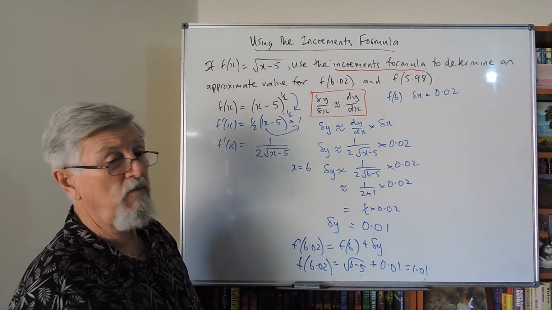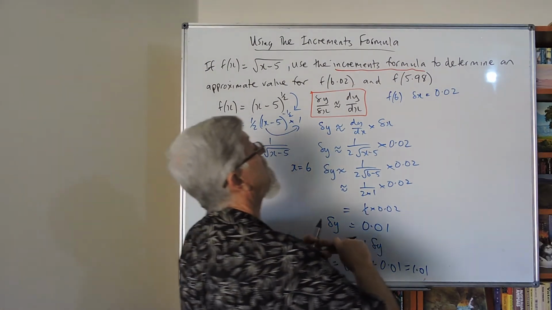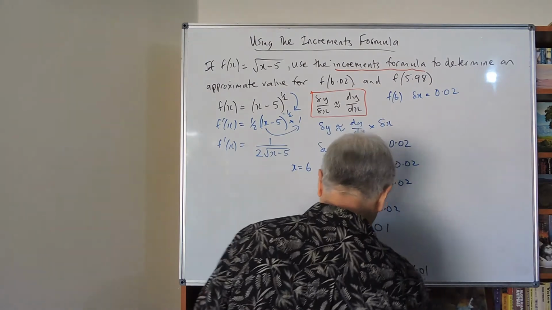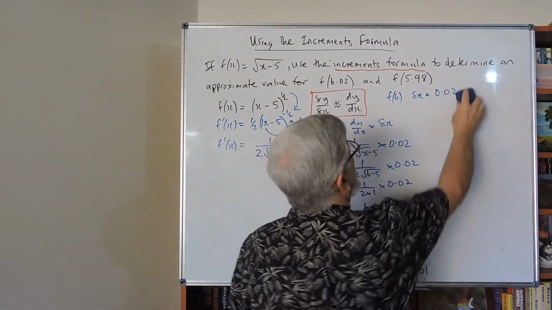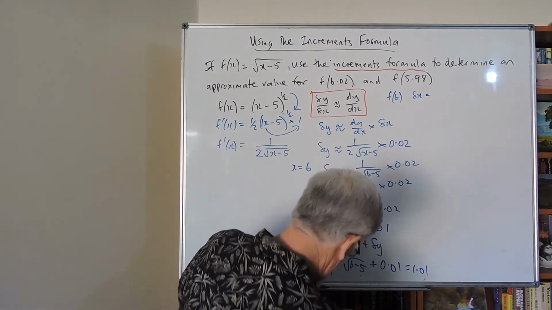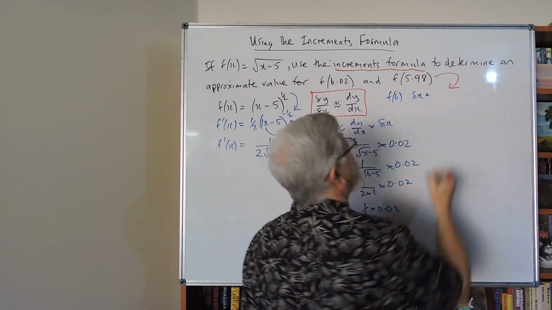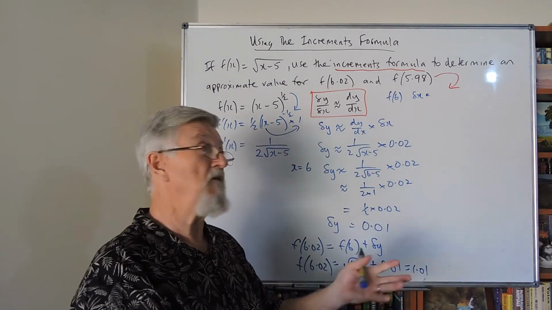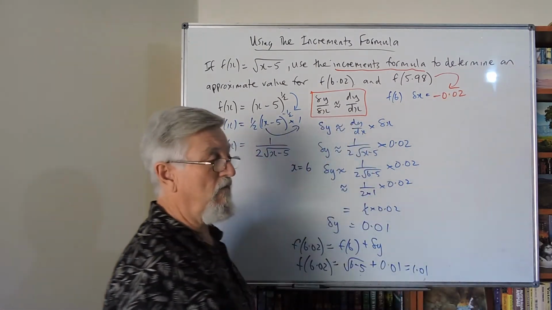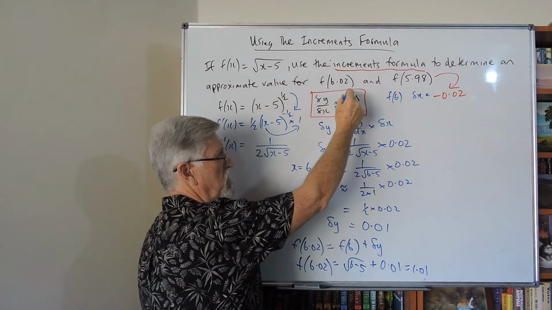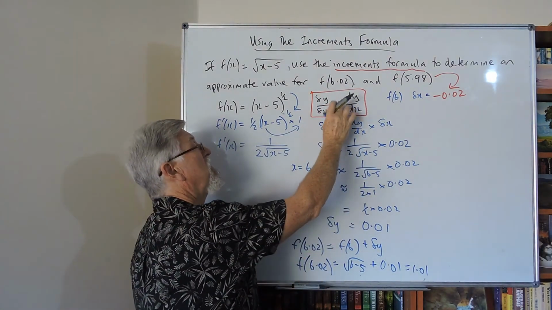So what happens to the same question though, if this time we're not looking for a small change of 0.02, this question becomes, it's 0.02 below 6. So it's minus 0.02. So if you go to the same formula, same question, the small change is approximately the derivative.